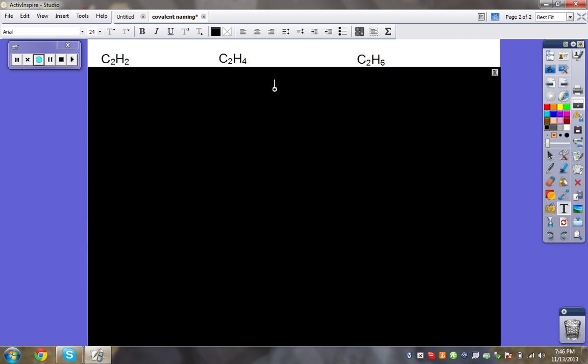So let's take 3 different molecules, C2H2, C2H4, and C2H6. So this, from the outset, is the reason we need to use number prefixes, because notice each of these molecules is made from carbon and hydrogen. So if we simply called them carbon hydride, we wouldn't know which molecule was which, and let's say we're doing chemical reactions or we're trying to use one of these.